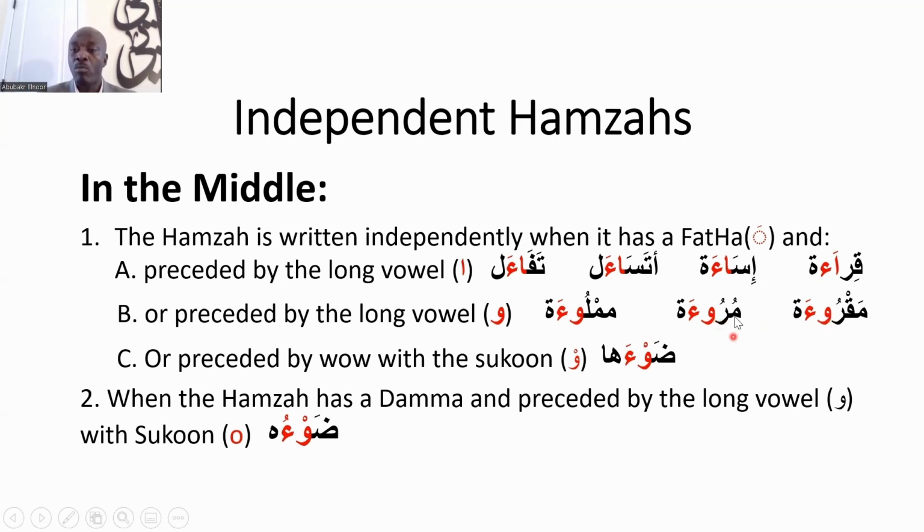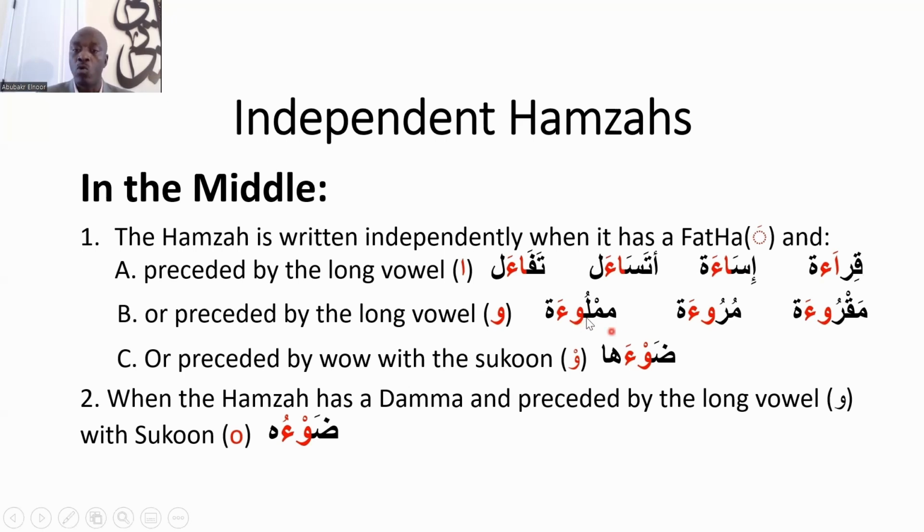Muru'ah is like generosity, somebody being at his or her best, doing good things to others. So the Hamza has the fatha and is preceded by the long vowel waw. Mamlu'ah is "filled," something being filled by water or milk.